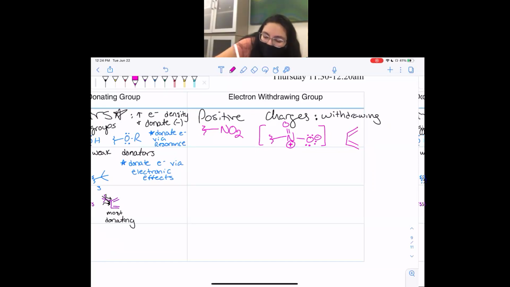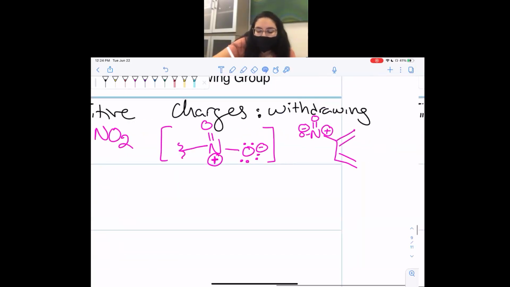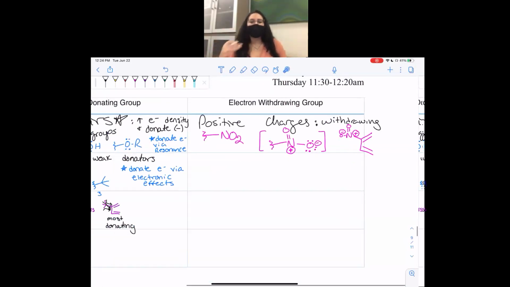So the nitrogen with a positive charge is what's directly attached to the diene. I'm going to move this over because it looks really crowded here. Ta-da. Since that nitrogen is directly attached, and it's the one with the plus charge, we can say that this group is withdrawing since it's positive. I feel like that was a very wordy explanation. Please let me know if anyone's confused.